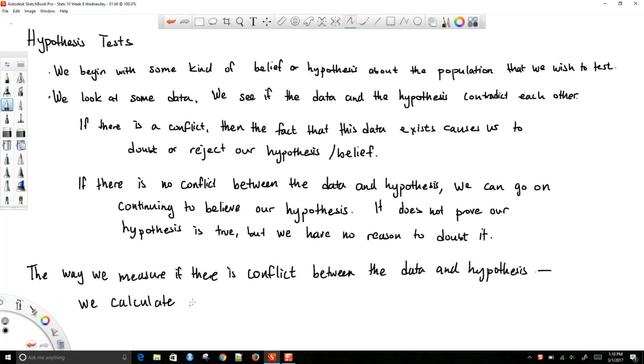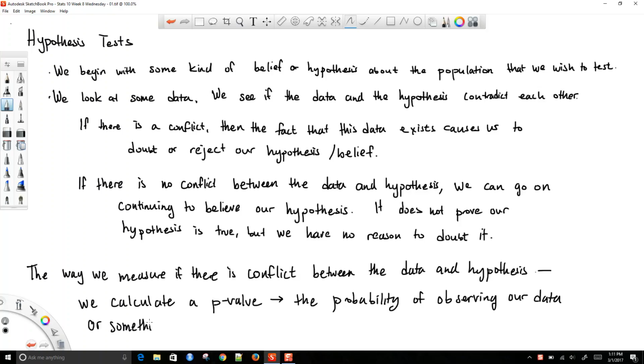We calculate something called a p-value, which is the probability of observing our data or something more extreme if the hypothesis is true. Okay.